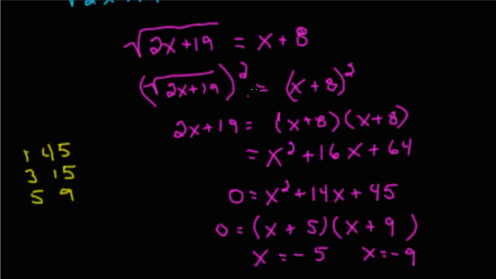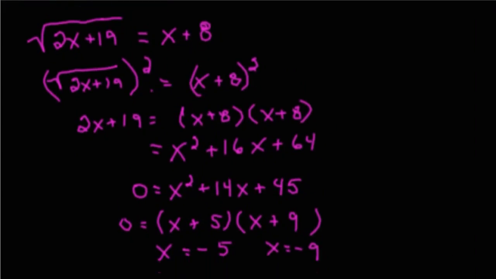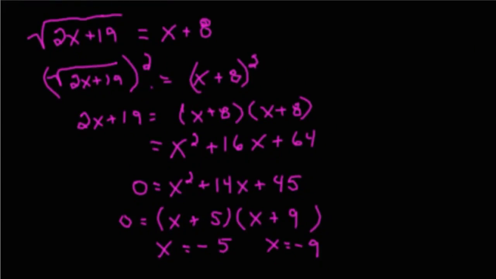So we can check that again in our original equation. When x is -5, we'll get the square root of -5 times 2, which is -10, plus 19.